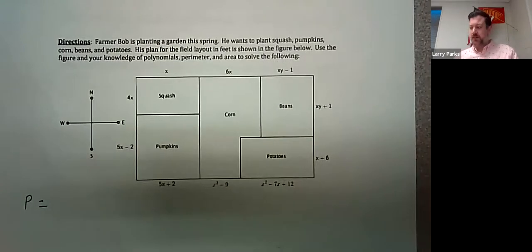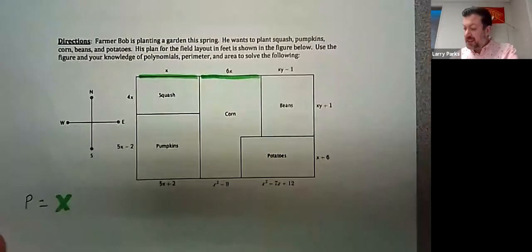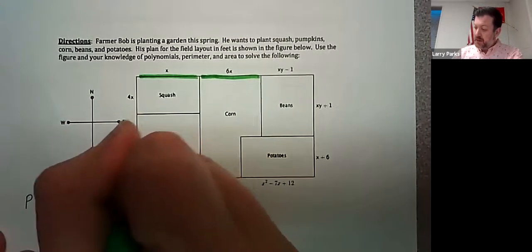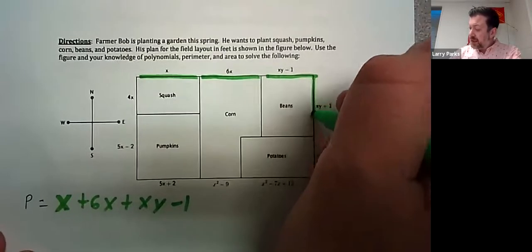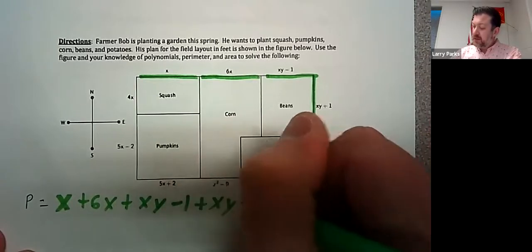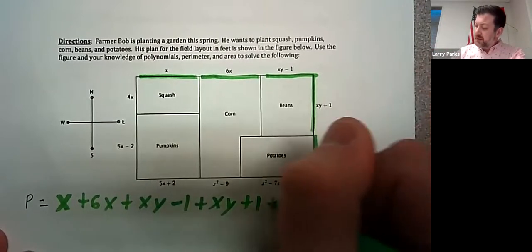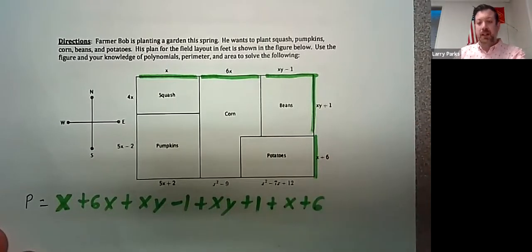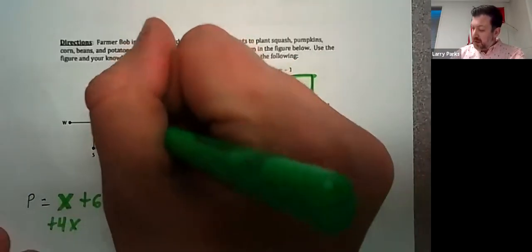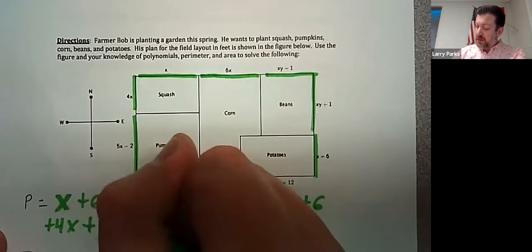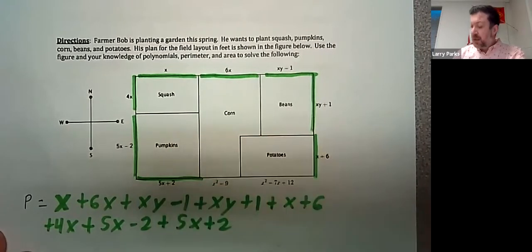Now I would take x plus 4x, that's a 6, sorry, I can't read, plus xy minus 1, plus xy plus 1, plus x plus 6, and then in the order that I'm going to go over here, plus 4x, plus 5x minus 2, plus 5x plus 2, plus x squared minus 9.